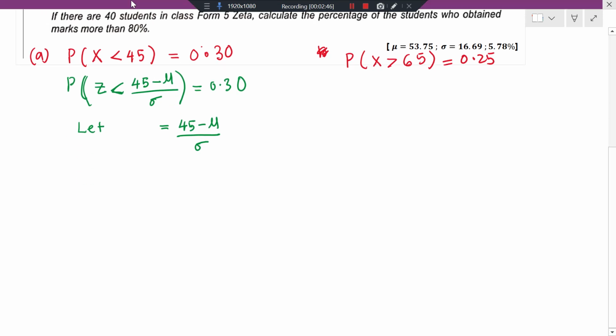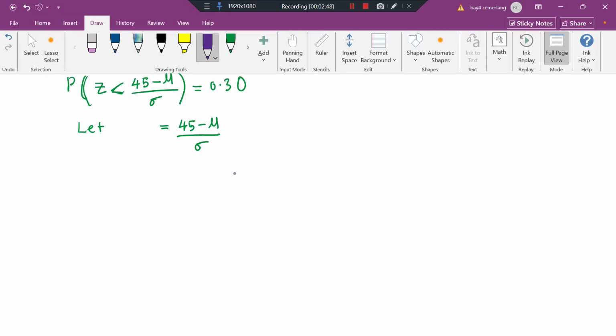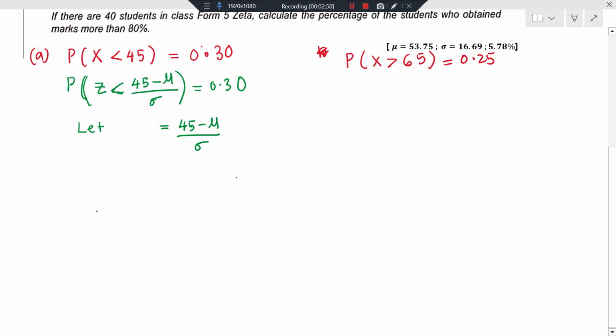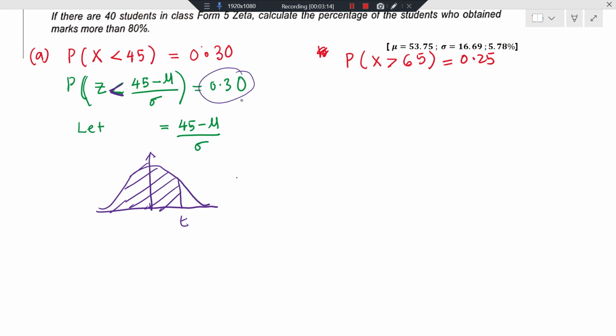Now try to draw your bell-shaped diagram. Let's see the symbol first. The symbol is less than, which means you need to shade the left hand side. If I put my T here and shade the left hand side, 0.30 is totally illogical, correct or not?